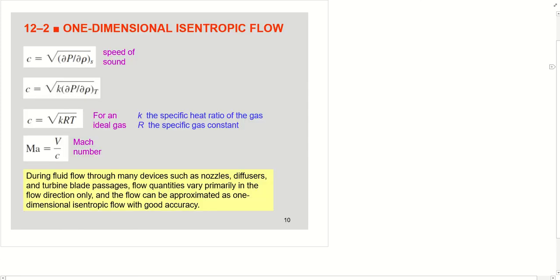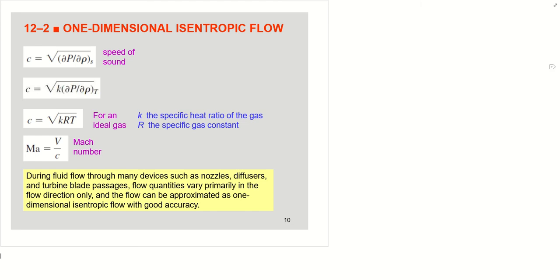Basically in our chapter, in our syllabus, our interest is more about how to analyze, for example, a converging-diverging nozzle, based on compressible flow, and the analysis is based on the Mach number.